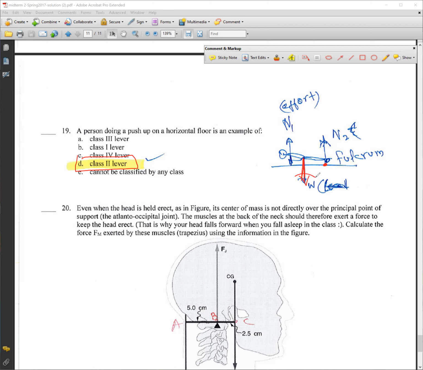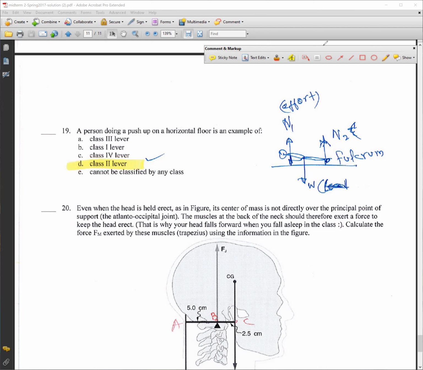So the weight or the load is closer to the fulcrum, and then on the opposite end of the fulcrum you have the effort, and that's the effort done at the level of the elbow, with the arms, using all the muscles of the arm, biceps, etc. So that's the effort. So this type of lever system is a class 2. Class 3 is when the effort is closer to the fulcrum, right?